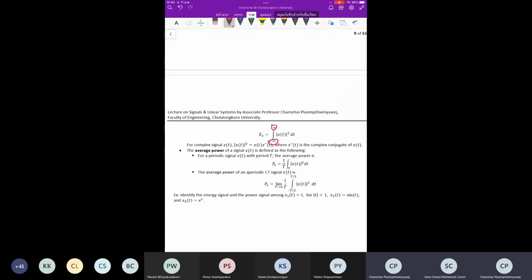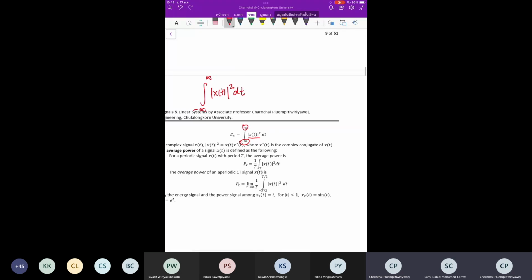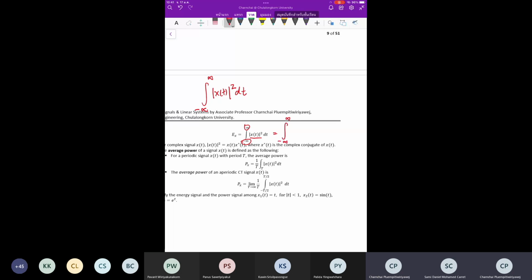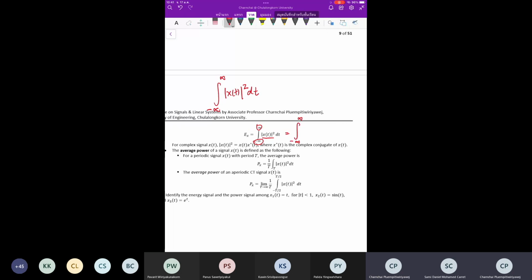If x is real, it's just the integral from negative infinity to infinity of x squared dt. However, if x is complex, the absolute value of x squared is equal to x(t) times x conjugate of t, so the integral uses x(t) times its conjugate dt. Be careful with that.